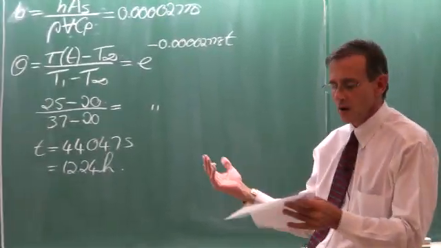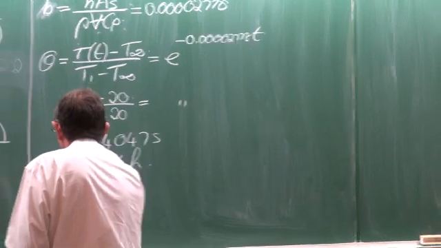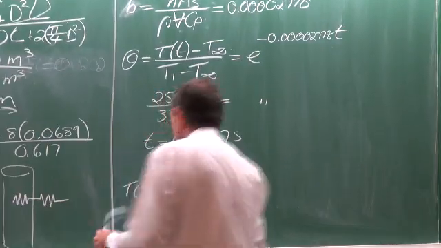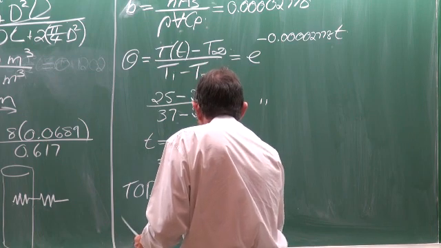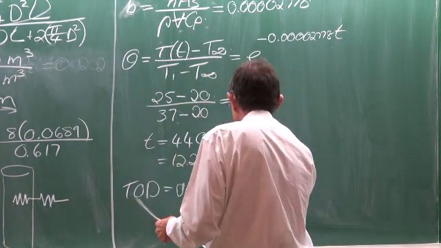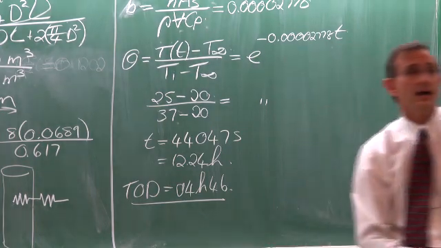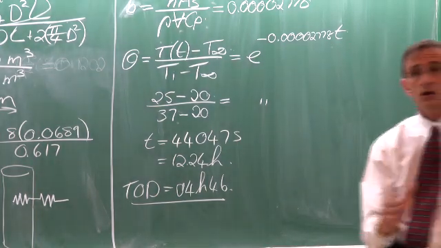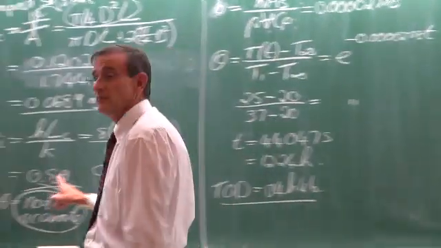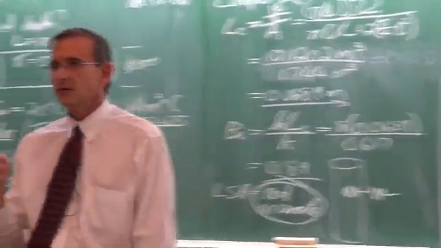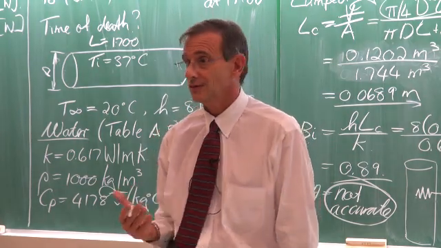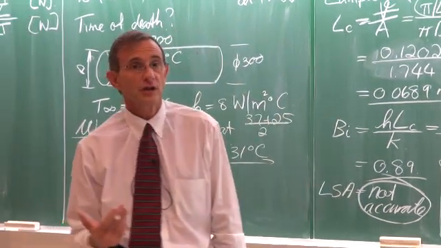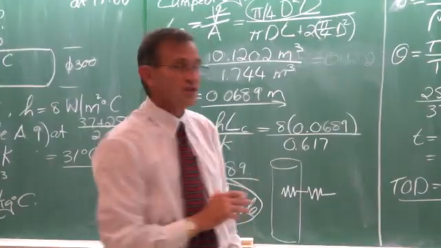So the time of death must have been approximately 4 o'clock in the morning, 46 minutes. However, we know that the Biot number tells us that the ratio of the resistances is not good. So most probably it's not going to give us an accurate result.